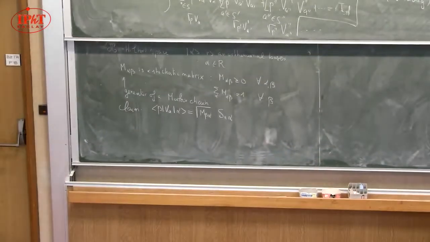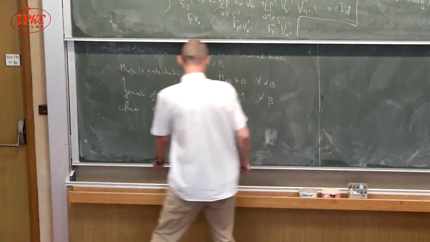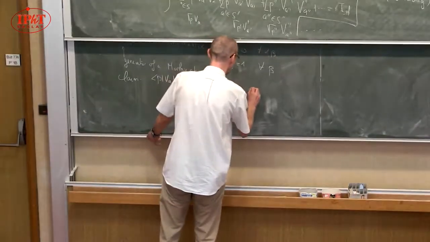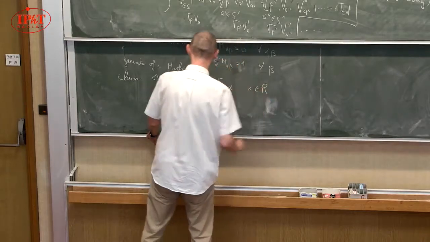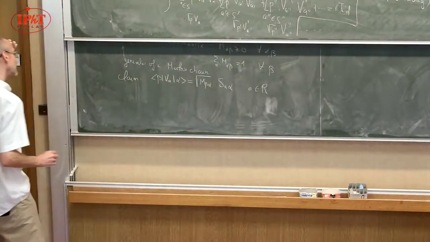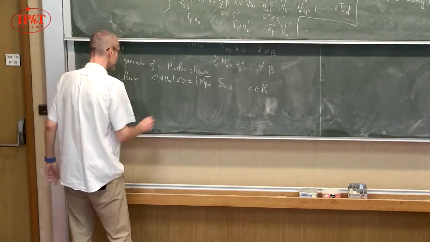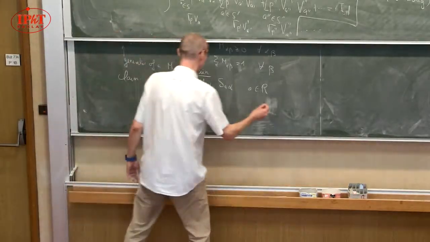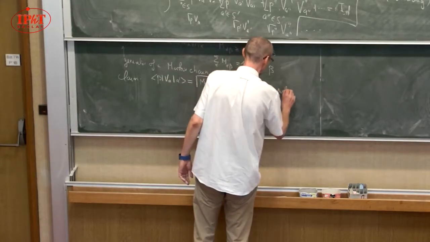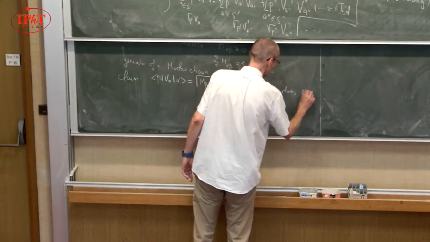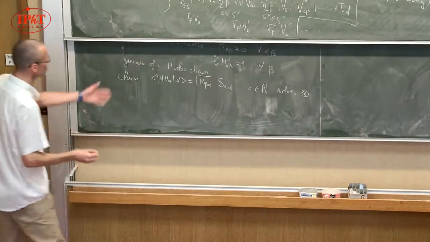Yes, that's correct. And I take A belonging to R. And the other one is to give the solution. So this is a computation. It's an easy computation using all the rules.